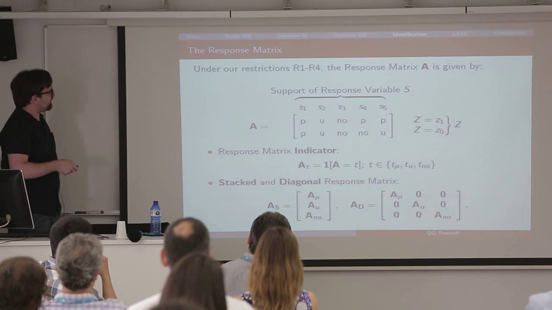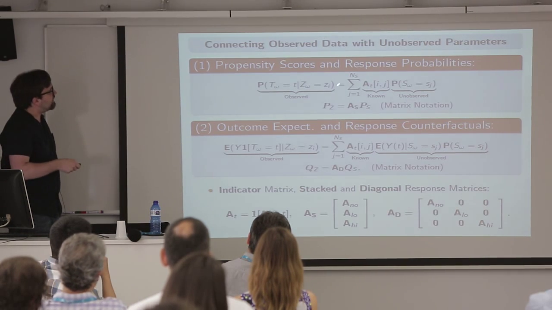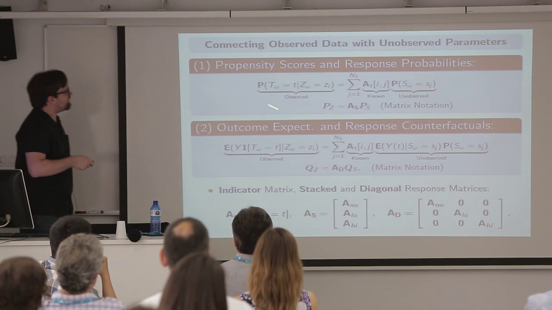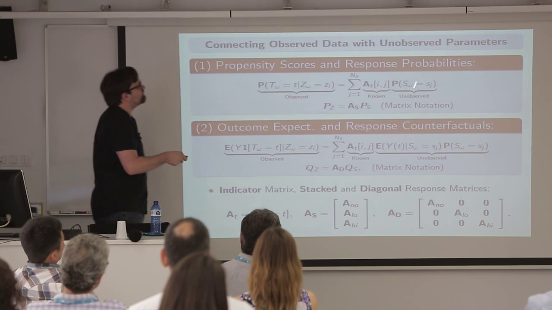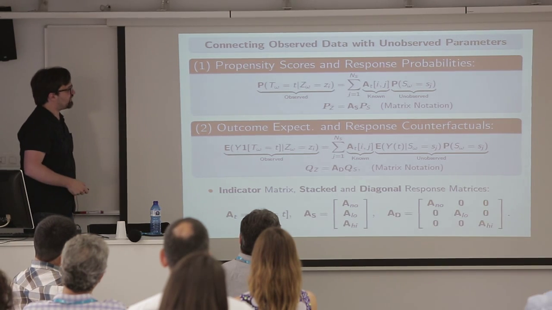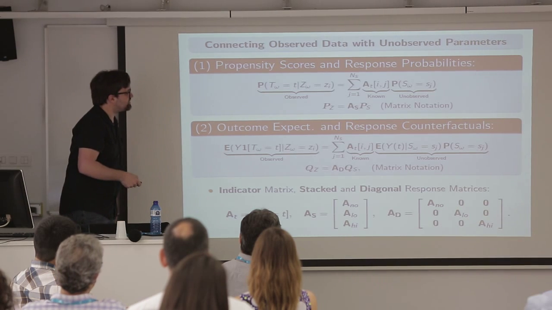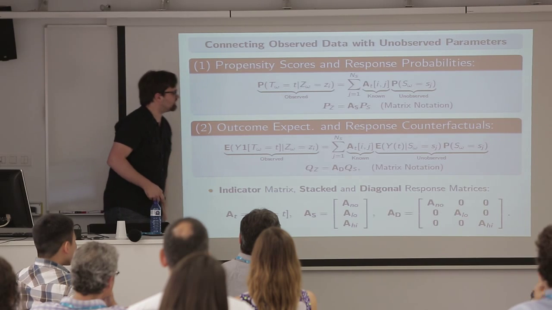But the bottom line is we can identify the probability of each type. We can identify the probability of each type by doing some matrix and linear algebra operations, and we can also identify a set of counterfactual outcome expectations.